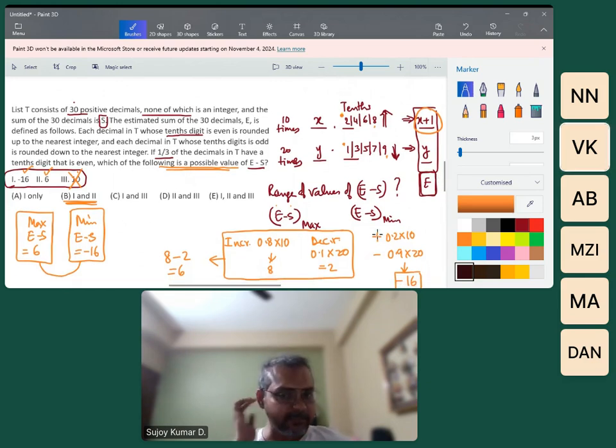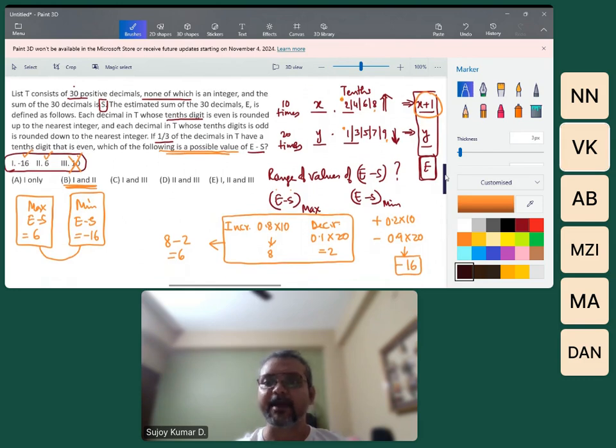Any other questions? Yeah. For the x plus 1, that was because you rounded up. But for the y, how come it's not y minus 1? No, it's not minus. Say 1.5 will become 1, right? So y point something will remain y. It will not be reduced to the previous integer.